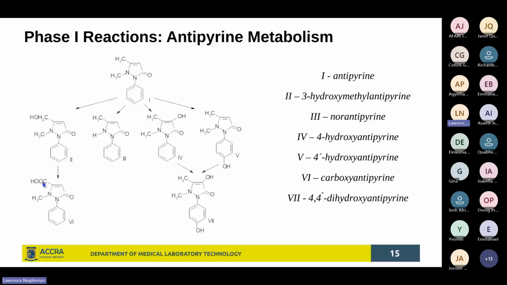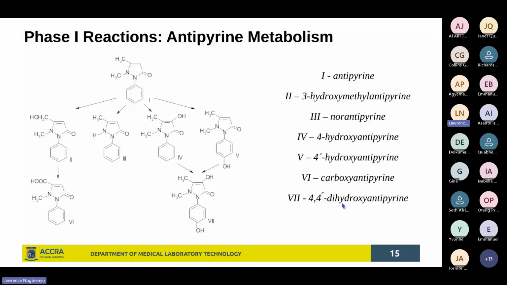We also see that VII, that very last metabolite there, is formed from either IV or V, so that if it is IV, which has a hydroxyl group on the ring at the top, a second hydroxyl group is added on the ring that is below, and so you now have 2 hydroxyl groups on the molecule, the 4'-dihydroxy antipyrine.